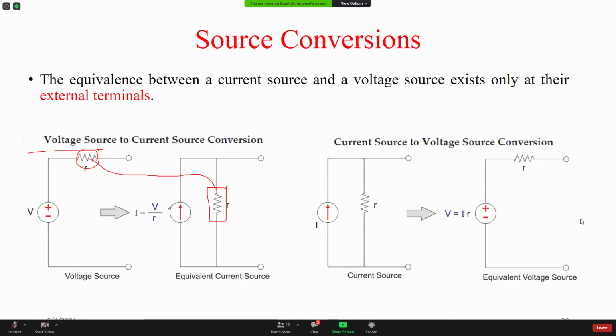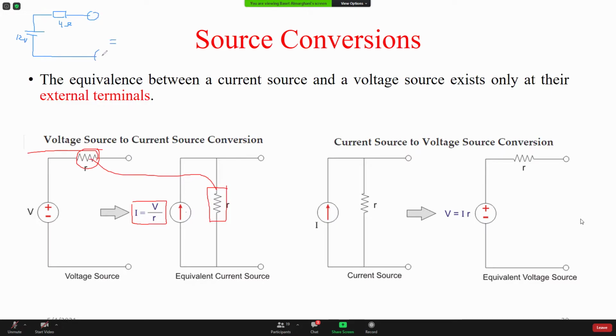Then the relationship between the voltage here and the current here is just Ohm's law. So if someone says, okay, here's a voltage source of 12 volts with 4 ohm, give me a current source that is equivalent to this.